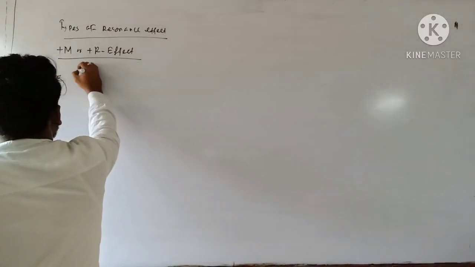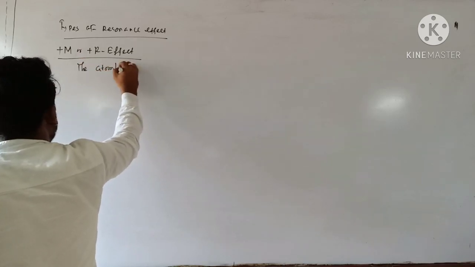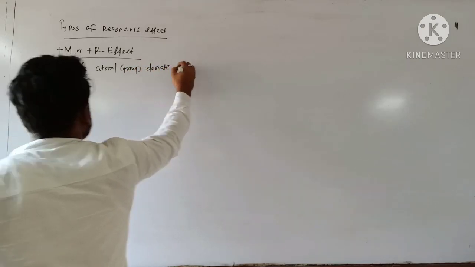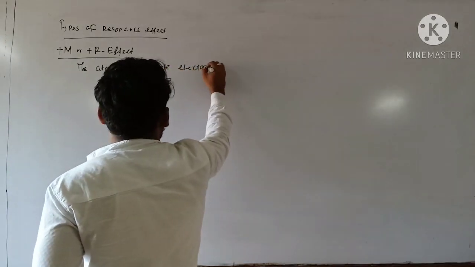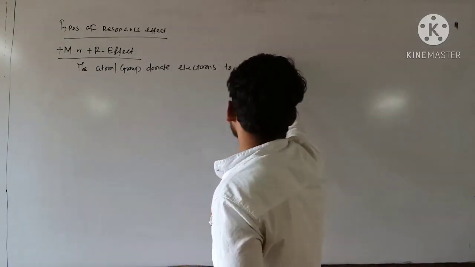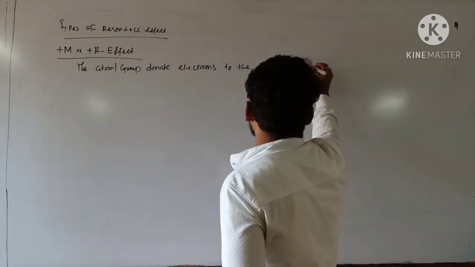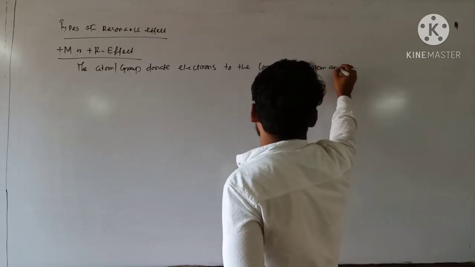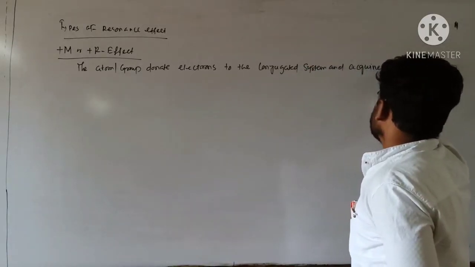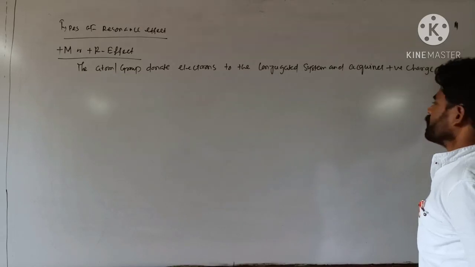Here the atom or group donates electrons to the conjugated system, and acquires positive charge on it. Clear?